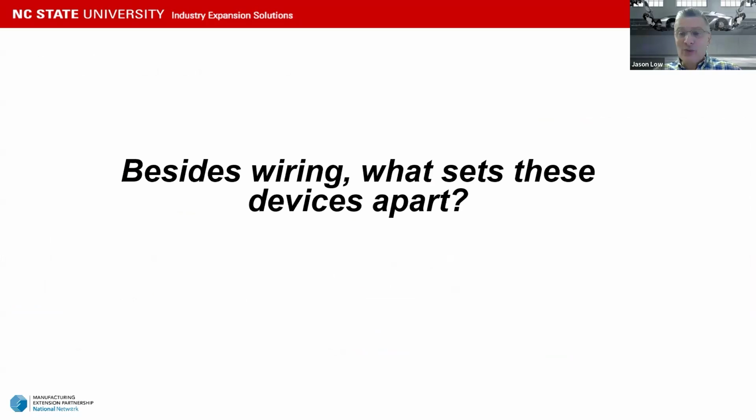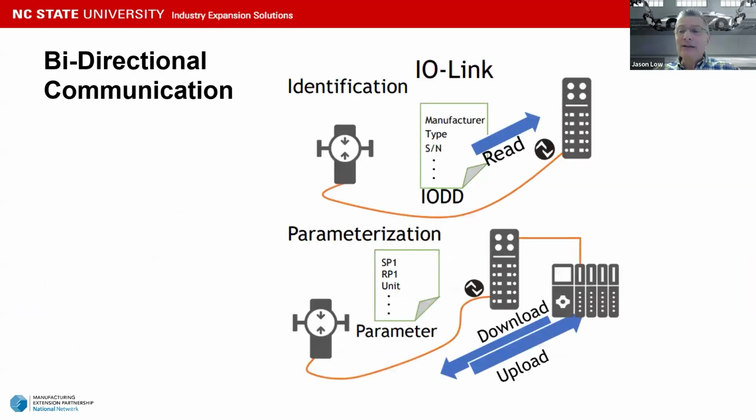So besides wiring, what else sets these devices apart? I may have alluded to this: the ability to move data across a network and get it into not just a PLC, but higher up in the food chain, if you will. But I also want to be able to talk back to the device, right?